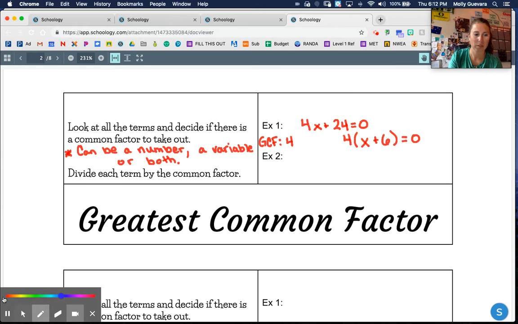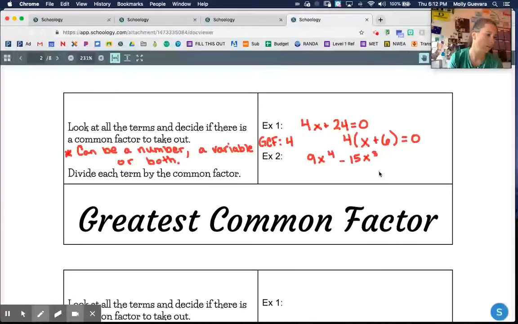Okay. So if we look at our second example, my second example is 9x to the 4th minus 15x to the 3rd plus 3x squared.